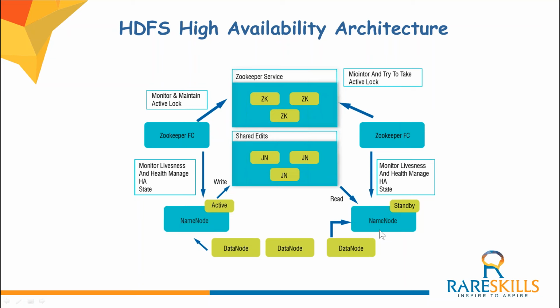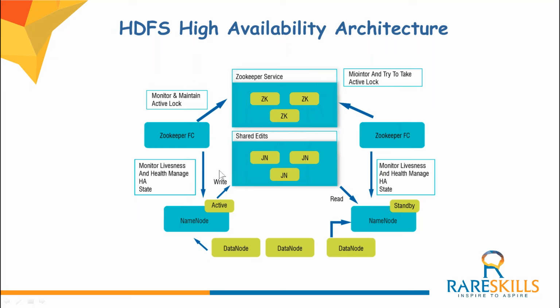To control that failover, there is a group of separate daemons called the active ZooKeeper failover controller and the standby ZooKeeper failover controller. These ZooKeeper failover controllers monitor the liveness and health and manage the high availability state. They store all their session metadata inside the ZooKeeper service.